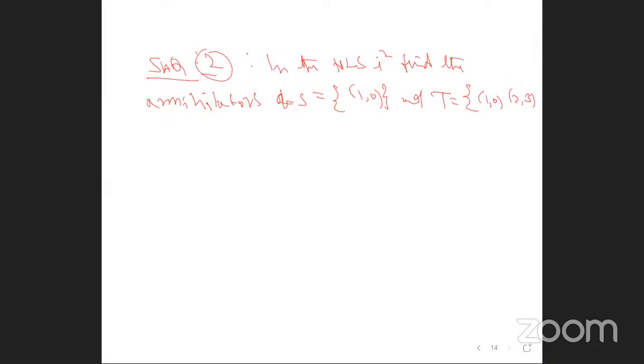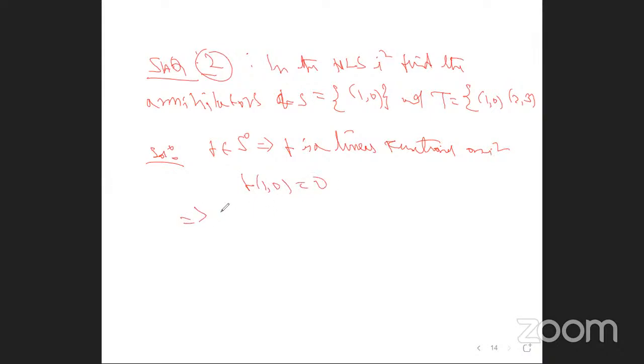So, solution. f belongs to S naught. That implies f is a linear functional on R square. So f of (1, 0) equals 0.